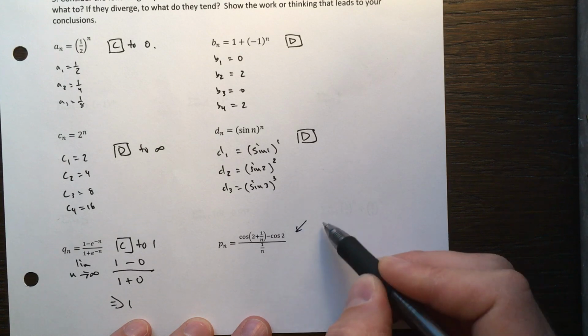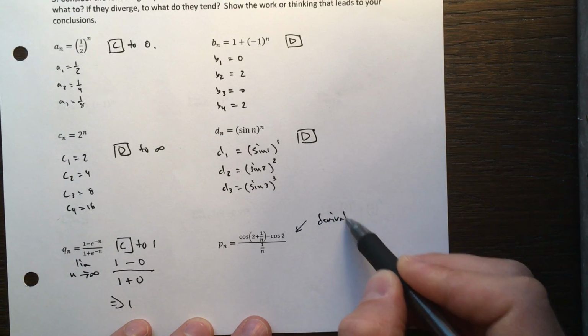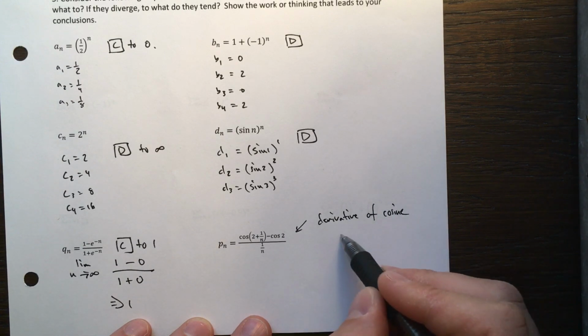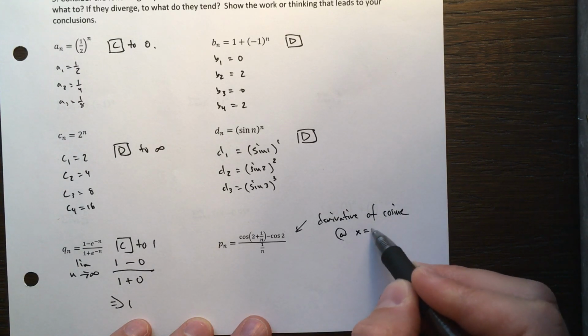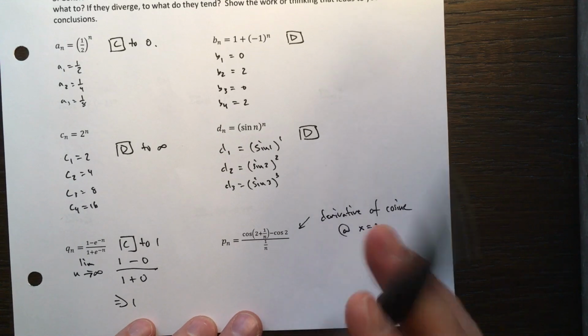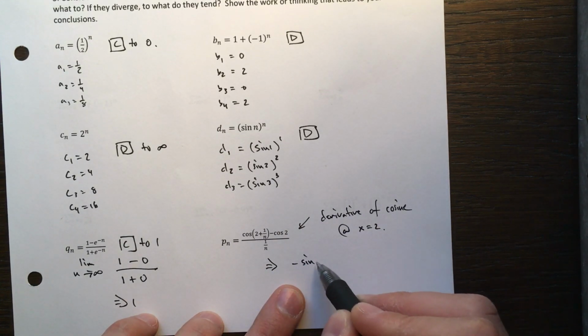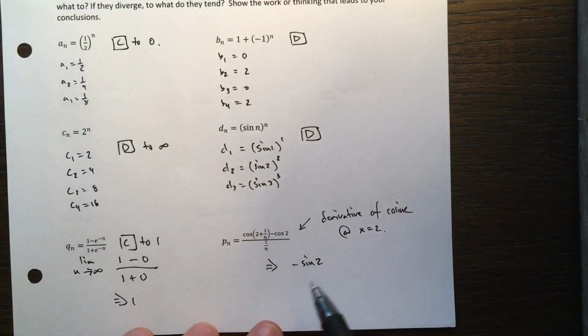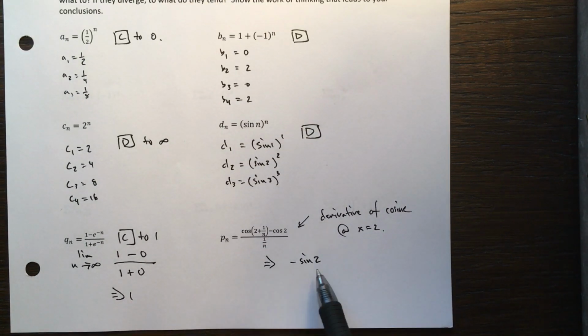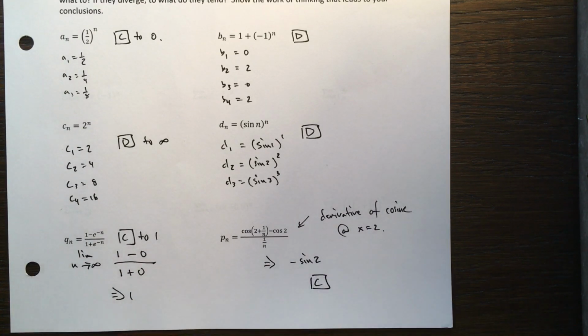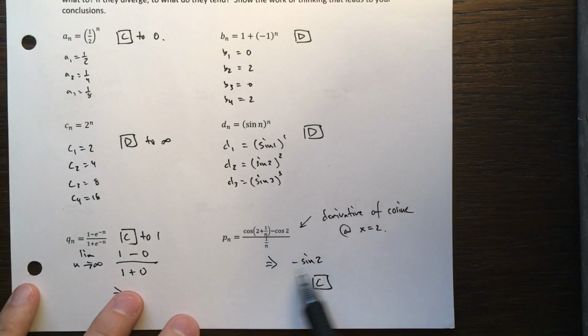This kind of looks like the derivative of cosine at x equals 2. So I kind of think that this thing is going to converge to negative sine of 2. This is kind of a tricky little difference quotient thing that I threw in here, but I think it's going to converge to negative sine of 2.